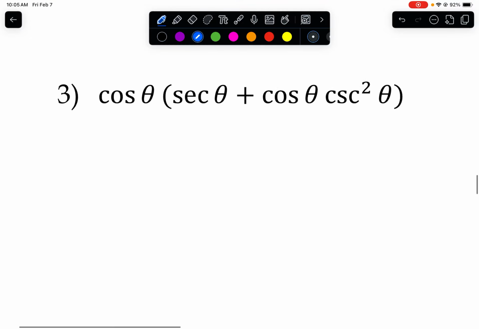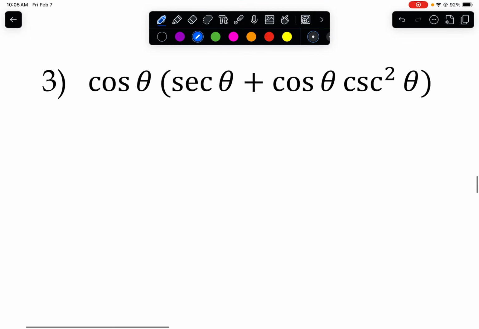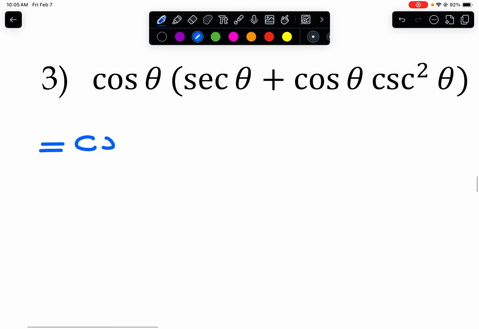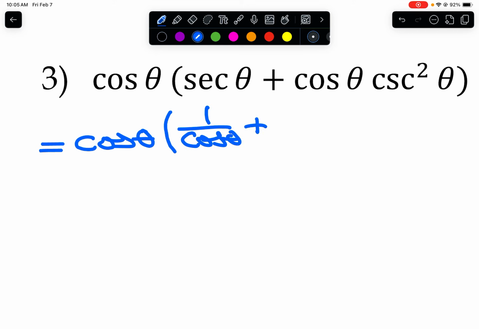Now, number 3. Oh, this one looks gross. So I'm going to focus on simplifying the inside first. I'm going to rewrite this as cosine theta, and then secant is going to be 1 over cosine theta, and then cosine theta, and then cosecant squared theta is 1 over sine squared theta.